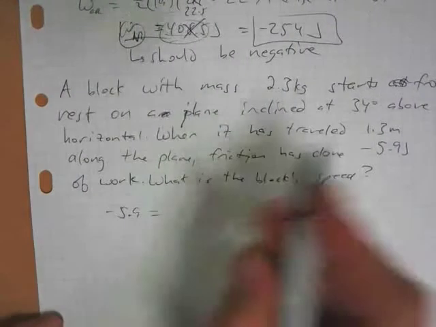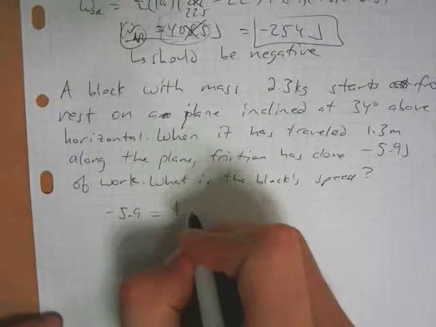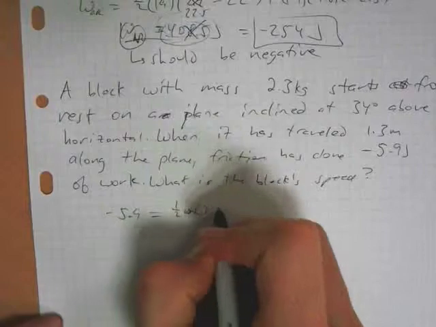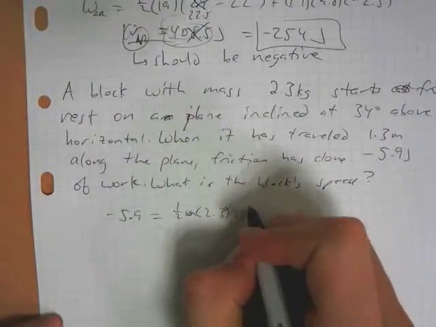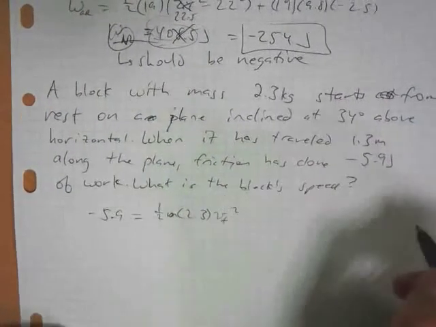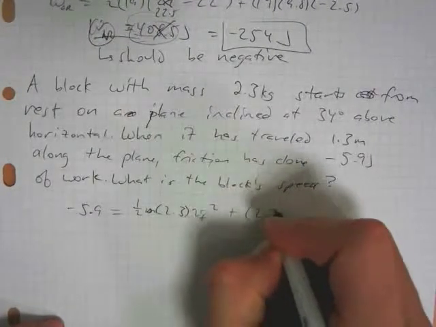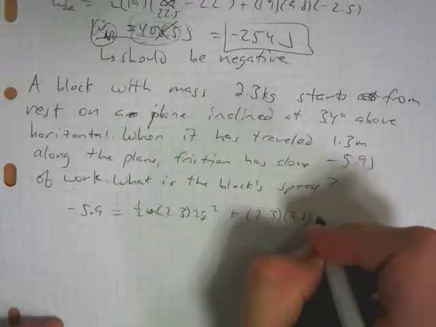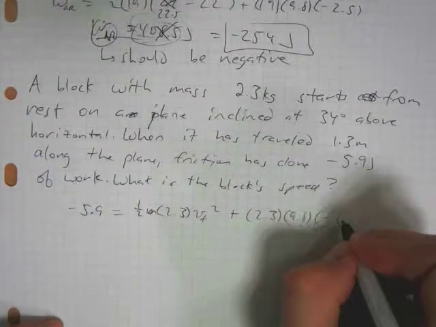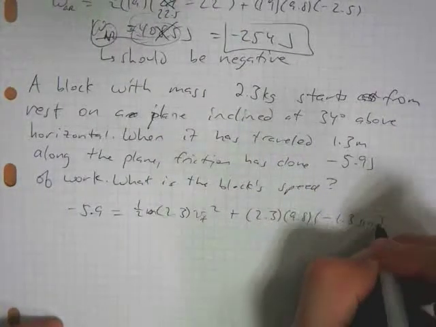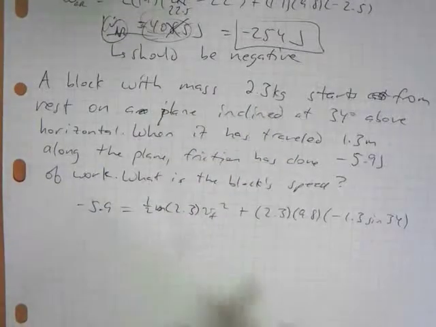Our change in kinetic energy is 1/2 m, which is 2.3, V final squared, minus 1/2 m V naught squared. V naught is 0 because it starts from rest, plus m g. Our delta y is negative again, 1.3 sine 34. And we can rearrange that and solve.